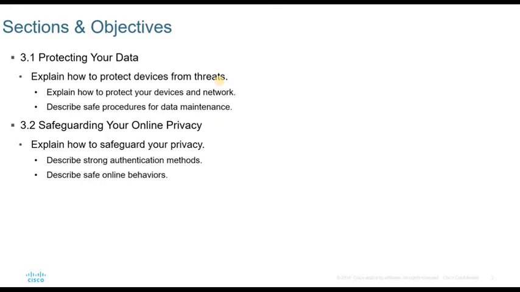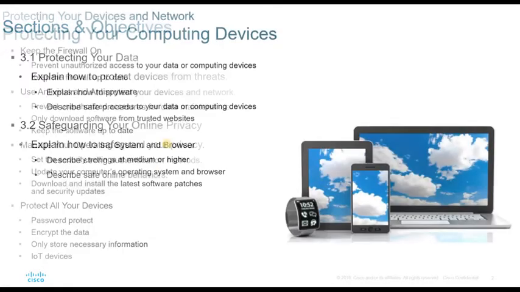We're going to explain also how to protect your devices that are connected on the network and describe safety procedures for data maintenance. Under safeguarding your online privacy, we're going to discuss how to have strong authentication methods and describe safe online behaviors. Okay, so let's get to it.